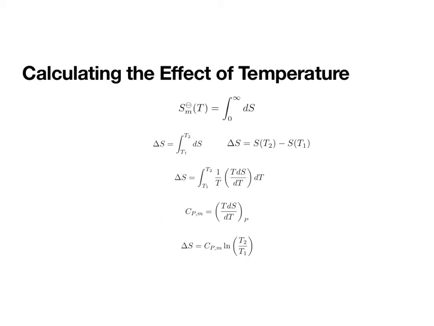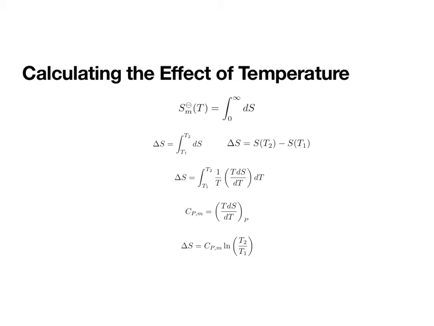Okay, so remember how we said that these molar entropies have to be at a specific temperature. To account for the effect of temperature, we have to adjust our molar entropy to whatever temperature we're looking at.